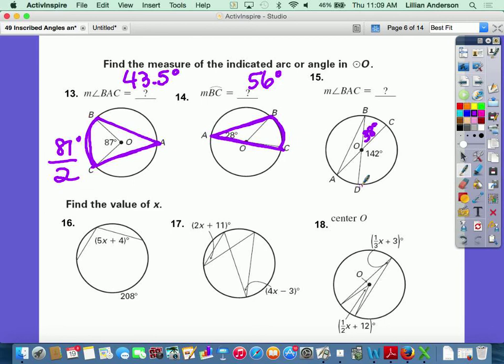So 180 minus 142 gives me 38. So then I know the arc BC is 38. That means the measure of angle BAC is 19 because it's half of 38.